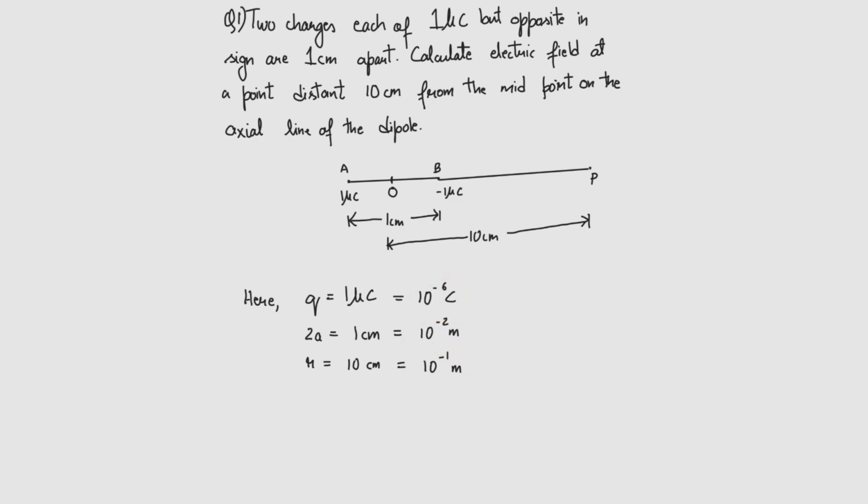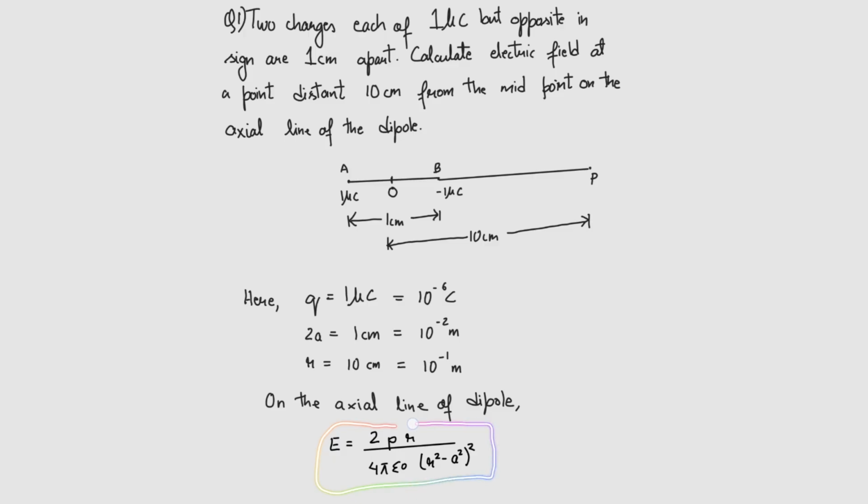Now, on the axial line, the formula is E is equal to 2P into R divided by 4 pi epsilon naught, R square minus A square whole thing square. This is the formula for the electric field on the axial line.